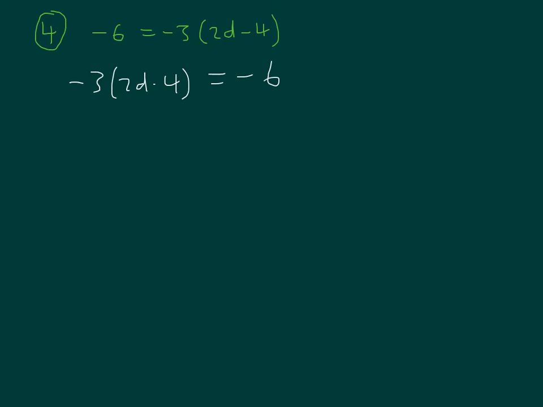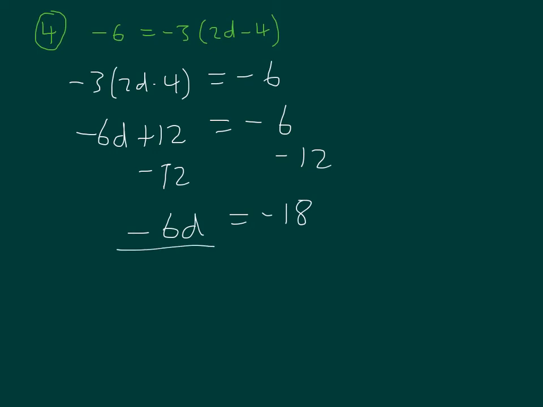Minus 3 times 2d is minus 6d. Minus 3 times minus 4 is plus 12 equals minus 6. So minus 12 from both sides. So minus 6d equals minus 18. So divide by minus 6, so I get d equals minus 18 divided by minus 6, so it's a minus and a minus, makes it plus.